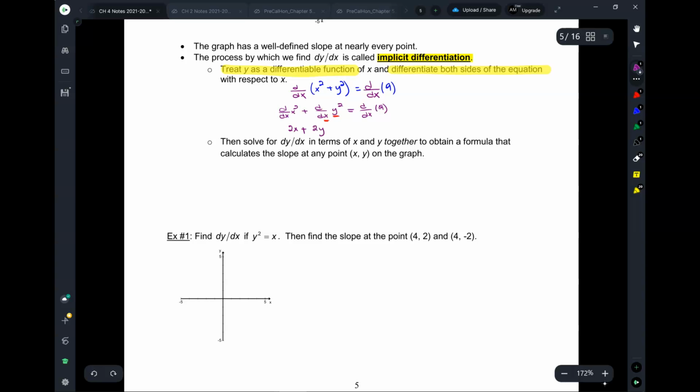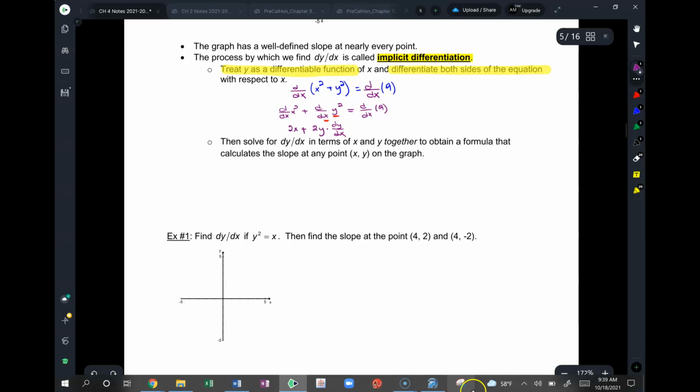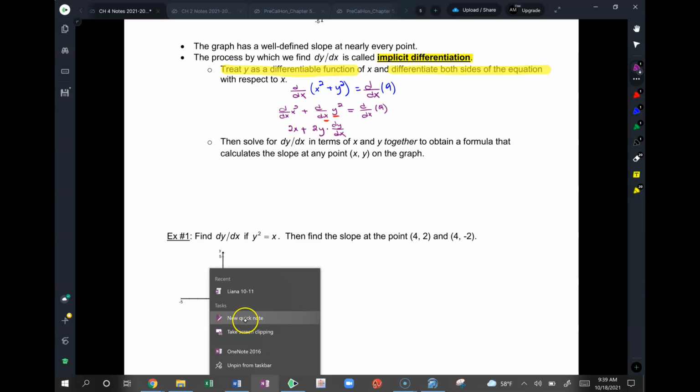It'll be 2y times, remember, pretend this is a chain rule problem. The outer function is the square. We brought it down, now it's y to the 1. Now what would the inside function be? It would be that y. So times the derivative of y, times dy/dx. Okay? So pretend I had this.